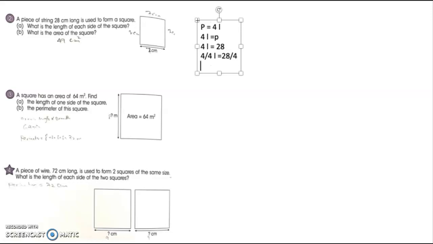So 4 over 4 is 1. 1 times L is equal to 28 divided by 4. 7 times 4 is 28, right? So we found that one side is 7. You can even immediately divide 28 by 4, and you will find the length of one side.